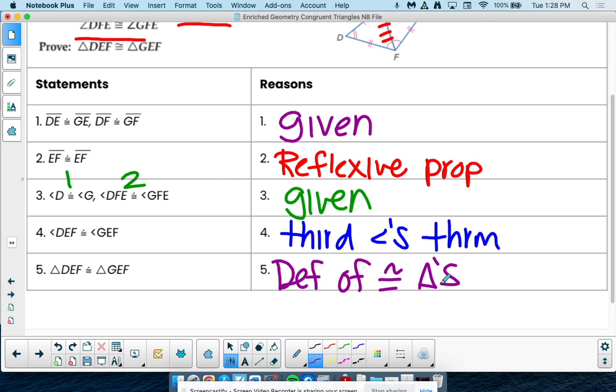You guys want to try the next one on your own or just do it together? You have one left. You want to try to figure it out on your own for a little bit? I'll give you 2 minutes. Just see what you can do in 2 minutes, then we'll go over it, okay? In 2 minutes, we'll go over it.